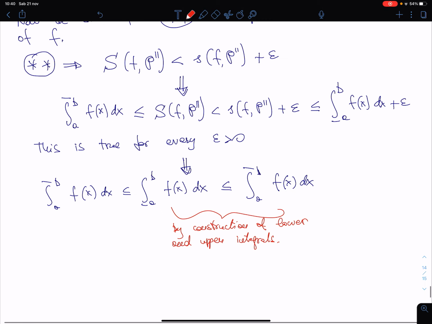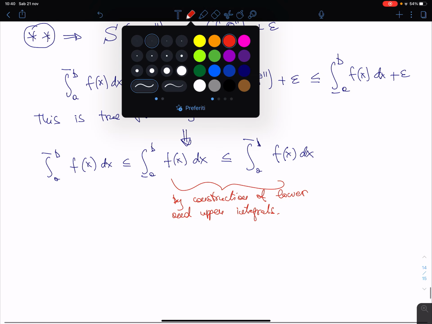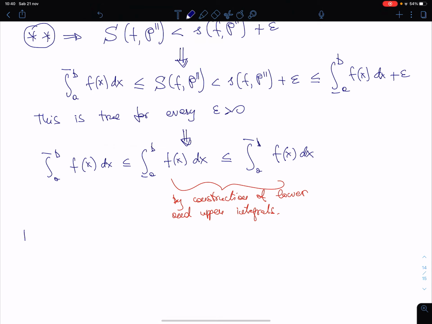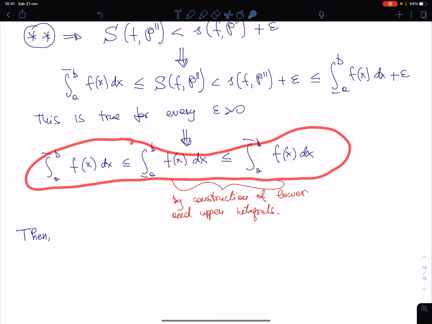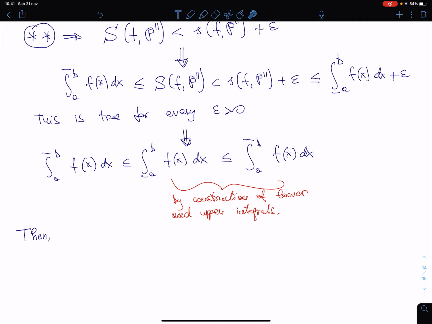Then the previous chain of inequality can be correct only if these guys are equal signs, indeed.